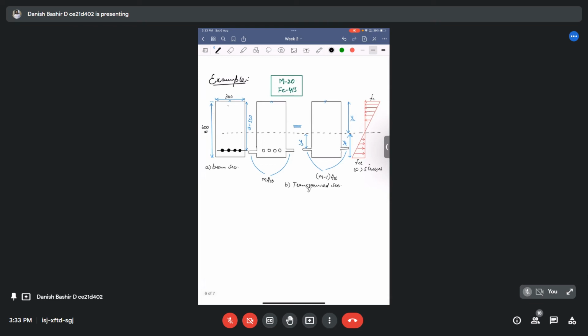These are four rebars of 25 mm diameter. All the dimensions that I have shown here are in mm, and the grade of the steel is Fe415, and I assume the grade of the concrete is M20. We have to calculate the cracking moment for this section. First part, let's calculate the cracking moment.